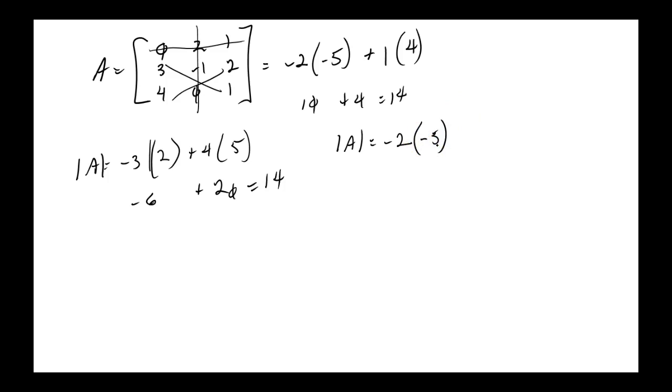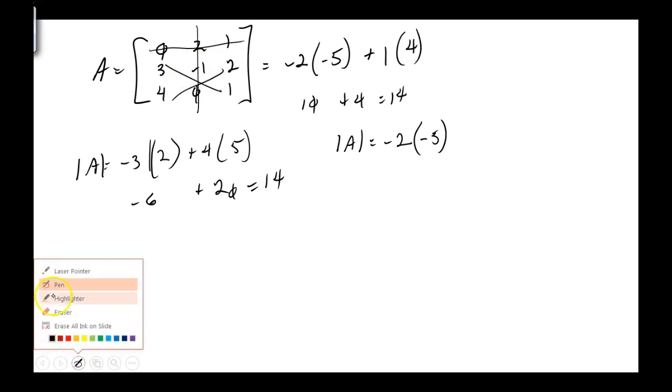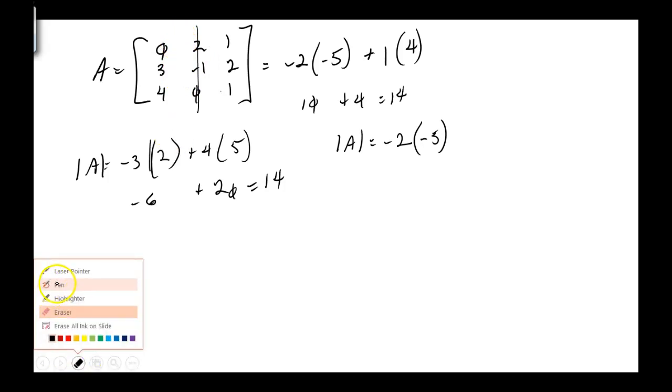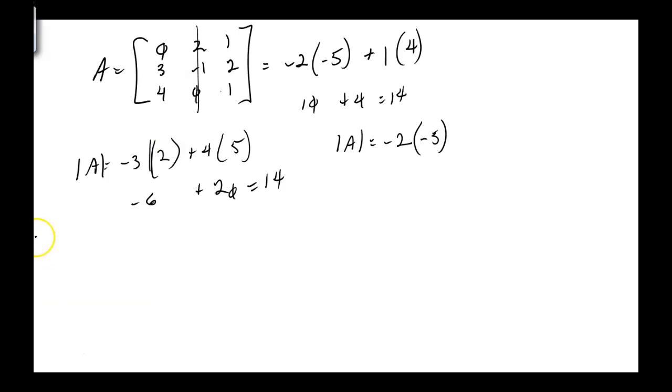Okay, and then we'll go to the second position, which is the minus 1. Let me erase what I need to erase here. And what position is that minus 1? What's the sign of that position? Plus, minus, plus, right? So it's plus a minus 1, which is a minus 1. And then we'll wipe out that row.